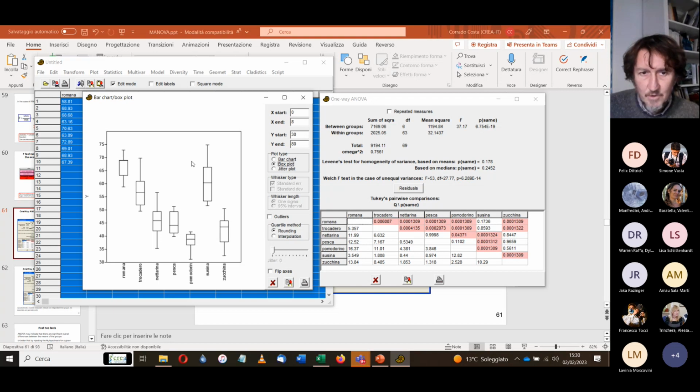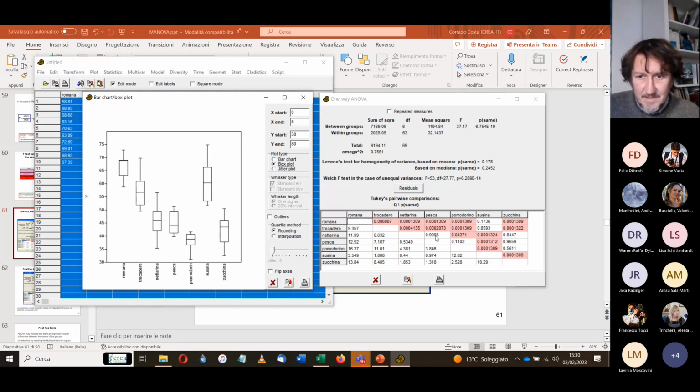They are similar, comparable here. In fact, Susina are similar. Trocadero is different from all apart from the Susina also. This is true. Of course, this is true, but this is also graphically observable. For any question, I'm here.